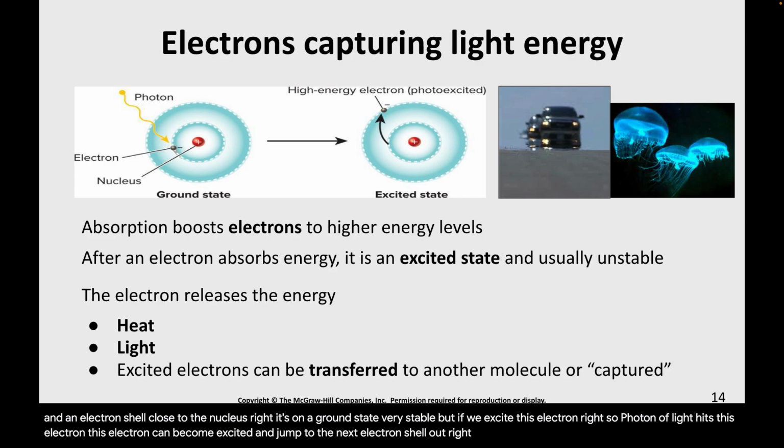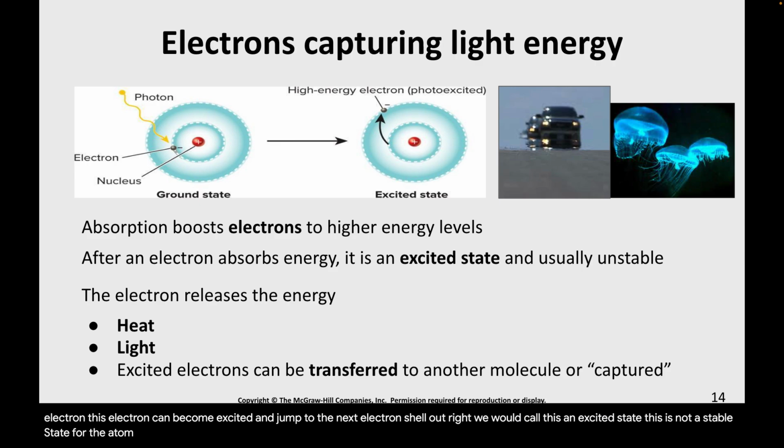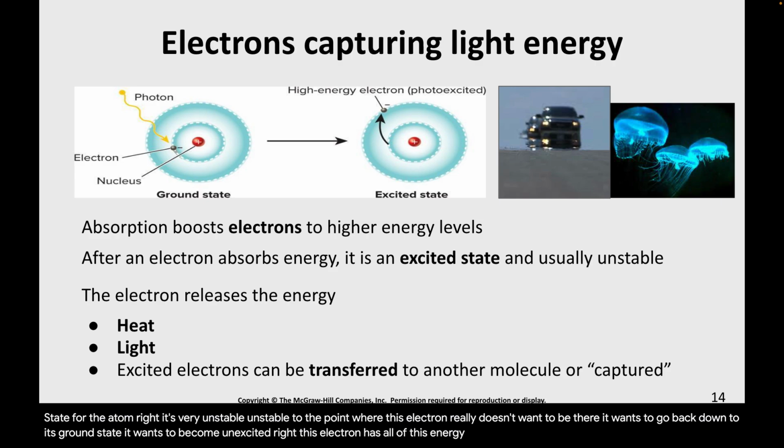We would call this an excited state. This is not a stable state for the atom. It's very unstable, to the point where this electron really doesn't want to be there. It wants to go back down to its ground state. It wants to become unexcited. So this electron has all of this energy that it has to lose.